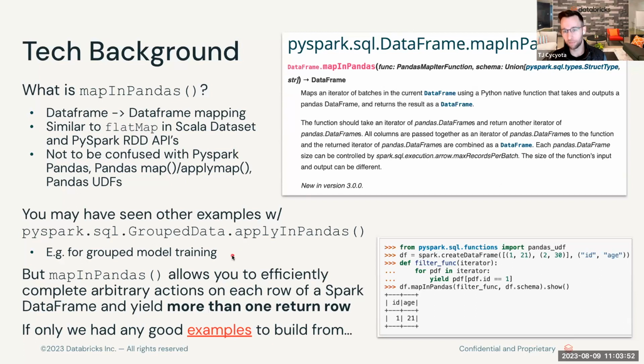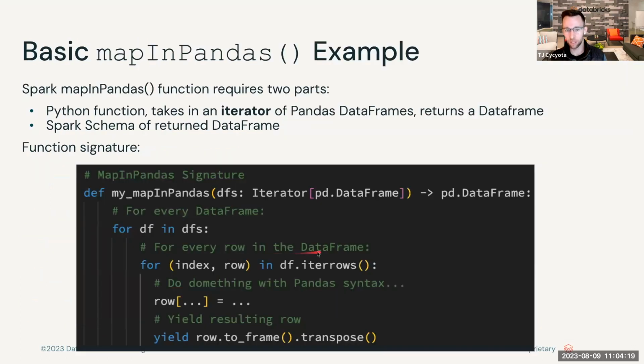The reason we wanted to have this session in particular today is because it's not very easy to get started with it. There's not a lot of good examples online. The Spark documentation is a little rough around the edges on this, since it is relatively new. So we wanted to give some helper examples, some tangible code examples that help illustrate how MapInPandas can be used. So let's start from the basics.